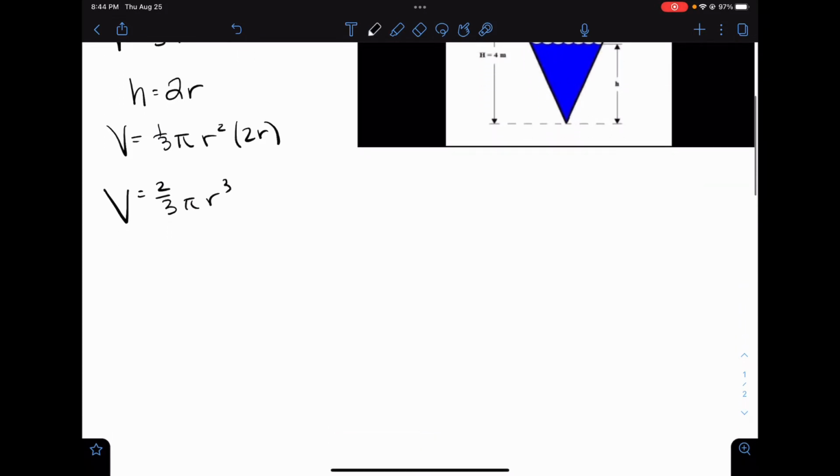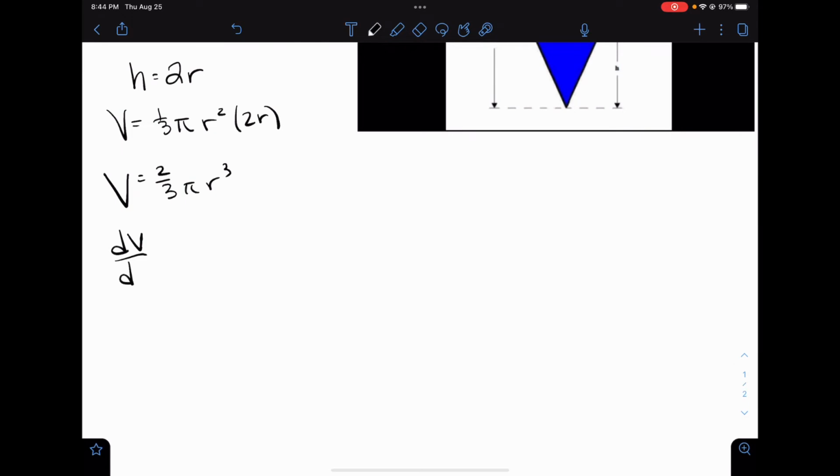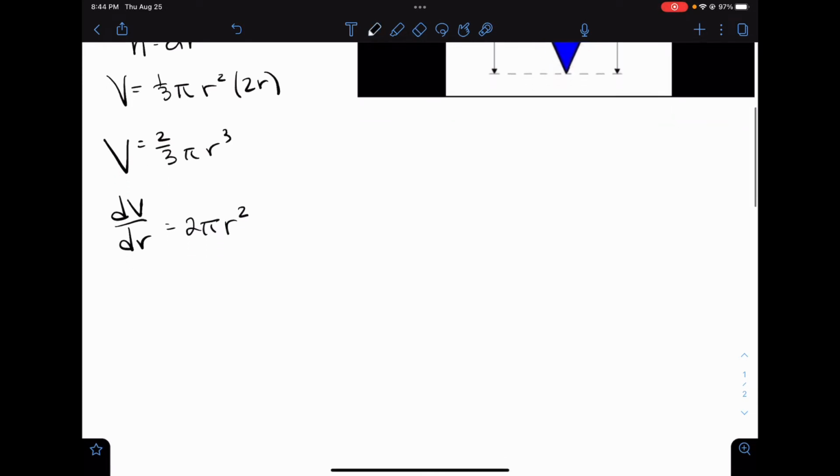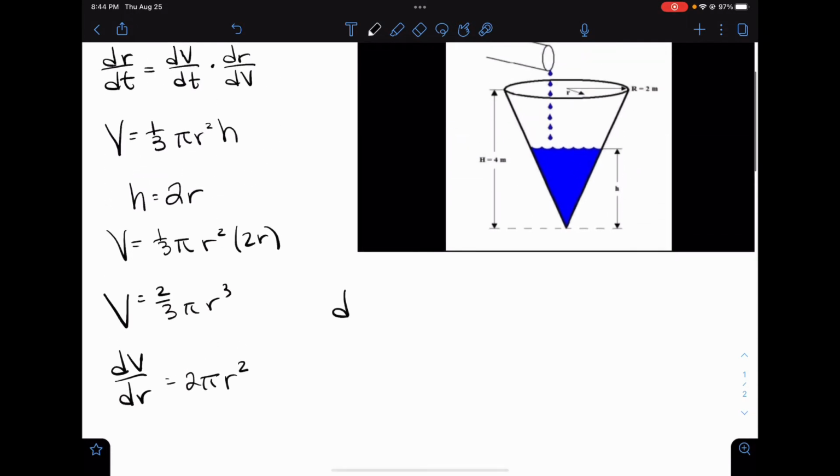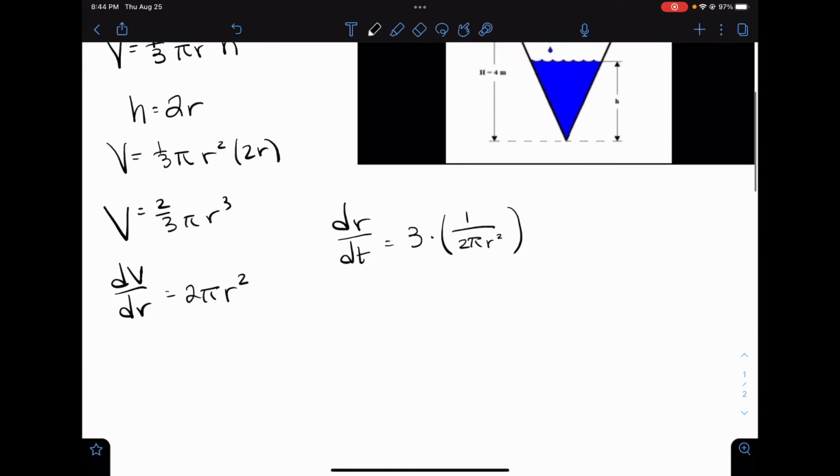Now if we take the derivative of this, we'll get dV/dr equals 2 pi r squared. Right now, we're looking for dr/dt, we have dV/dt, and we have 1 over dV/dr. So if we plug this in, we get dr/dt equals 3 over 2 pi r squared.